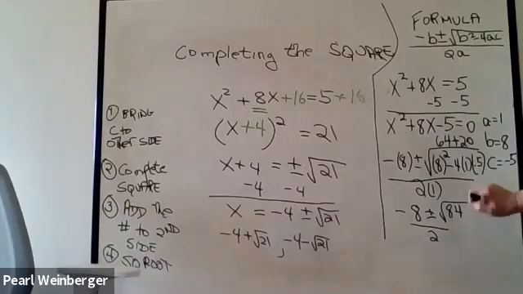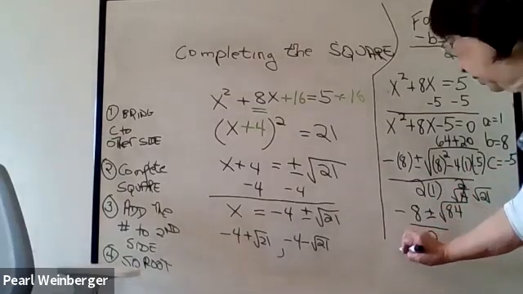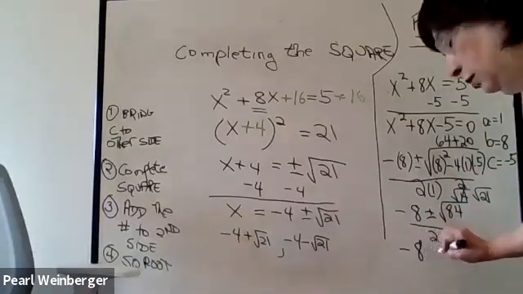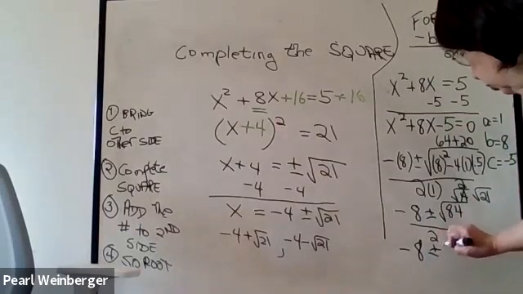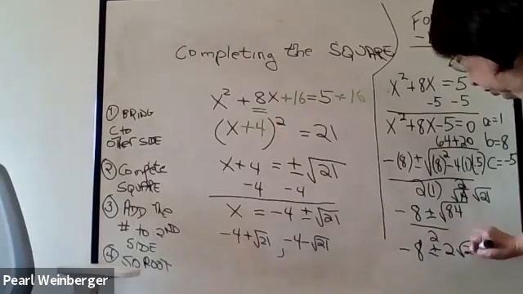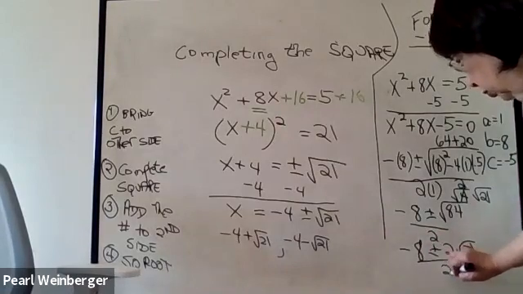And the square root of 84 could be broken up into 4 and 21. Square root of 4 is 2. So this comes out to be negative 8 plus or minus 2 radical 21 over 2.